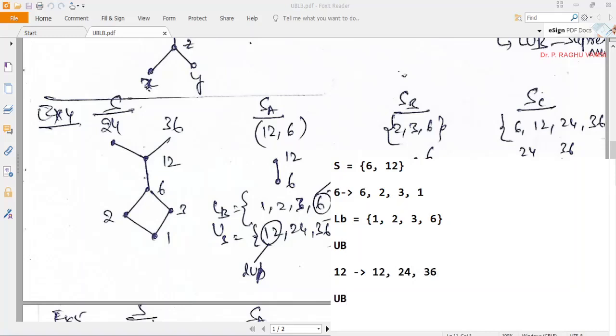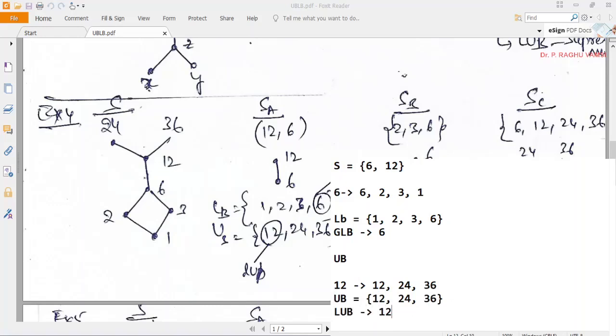So the upper bound can be defined as 12, 24 and 36. Next, what is the greatest lower bound? Here GLB is 6, and the lowest upper bound, here LUB is 12.